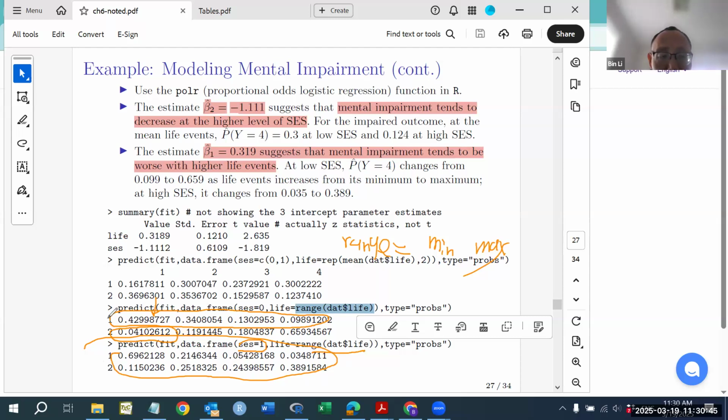You can see compared to these, when we have a higher socioeconomic status, the chance of being well is much higher. So that's how we can interpret the results through the probability directly.